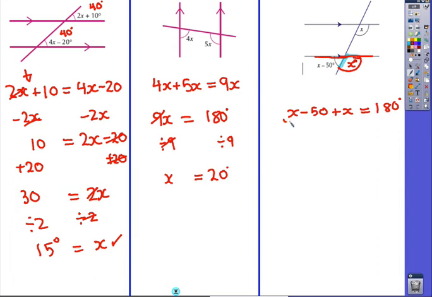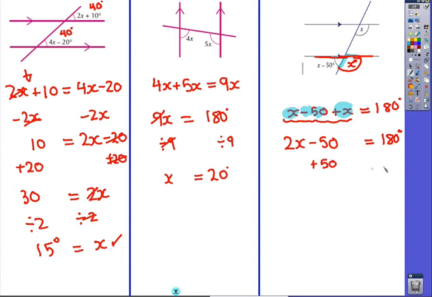And we can simplify this. We have a plus x and an x. Remember, the sign in front of the term belongs to that term, so plus x and x make 2x. And we still got this minus 50 degrees, so it's going to be minus 50. And it's still equal to 180 degrees.